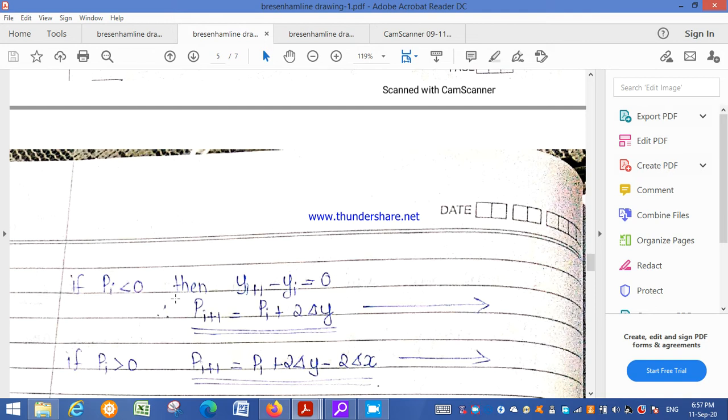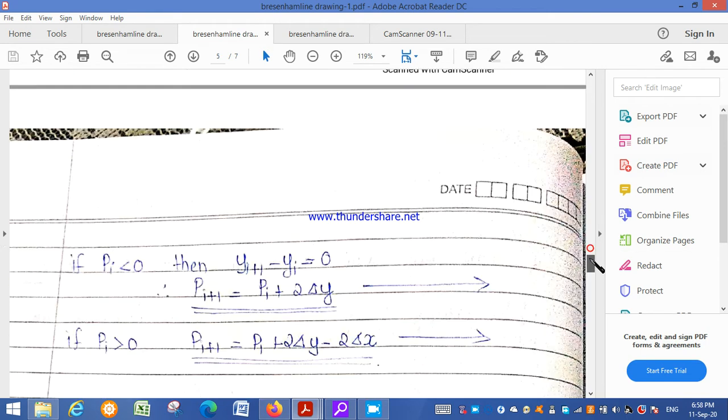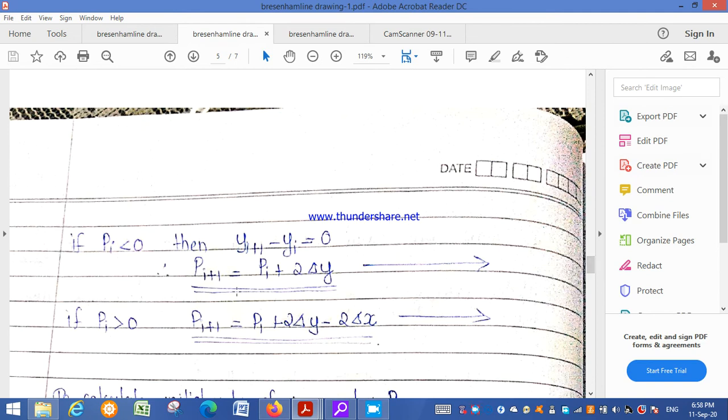If pi is less than 0, yi plus 1 minus yi means the current location itself. So pi plus 1 in this equation is pi plus 2 delta y minus 2 delta x into 0. So pi plus 1 is equal to pi plus 2 delta y.